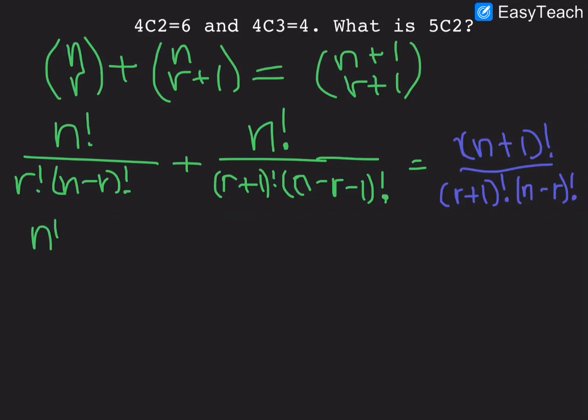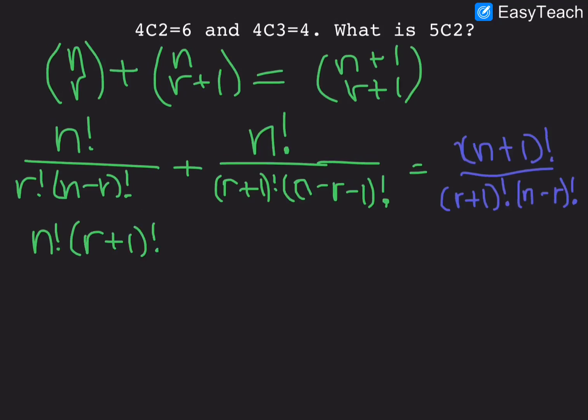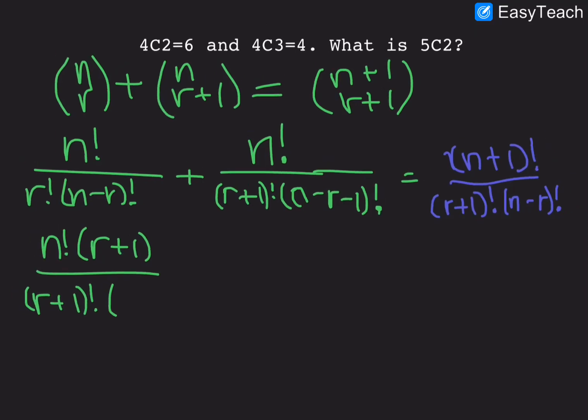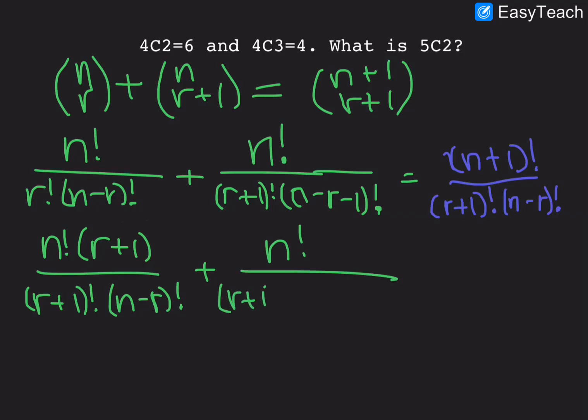So let's do n factorial times r plus 1 over r plus 1 factorial times n minus r factorial, plus the n factorial over the r plus 1 factorial times, you'd have to convert this into n minus r by multiplying n minus r to both the numerator and the denominator.